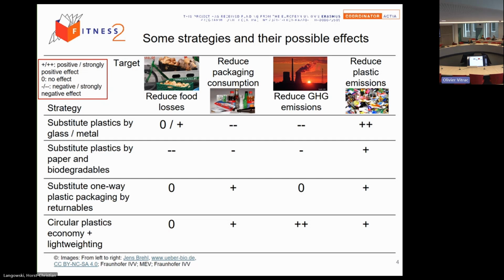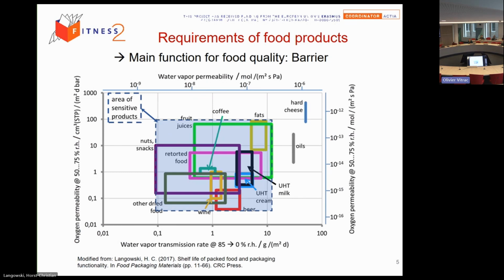So it doesn't solve every problem, but it gives a solution to the problems we have. This figure should show you why it's important which packaging material you are using for which group of products.